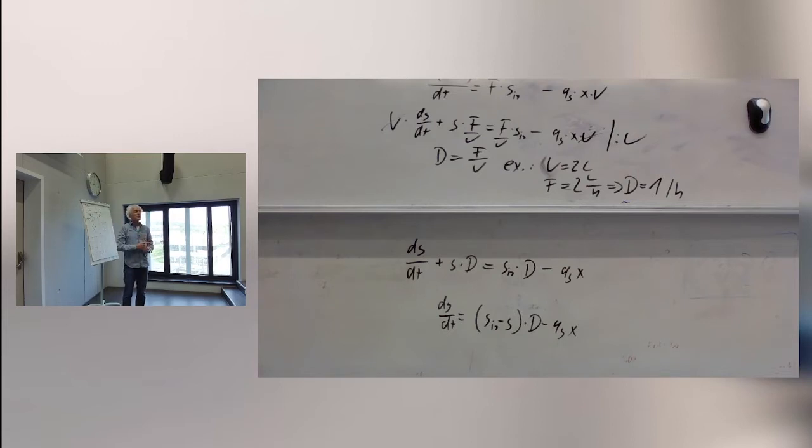q_S can be a function of time, substrate concentration can be a function of time, even S_in could be a function of time, volume is a function of time, F can be a function of time. We didn't integrate it, we didn't solve it. So up to now, no assumptions. Yeah? Of course, if we want to start to solve it, we need assumptions in order to be able to solve it.